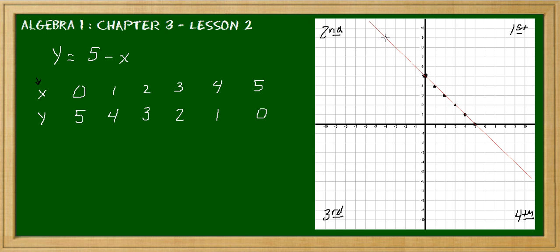You may not be able to see that so well on the video due to the resolution, but that is 9. Now, what would be our -3? Well, -3 would come all the way up to 8. -2 would come all the way up to 7. And -1 would come all the way up to 6, so that's positive.